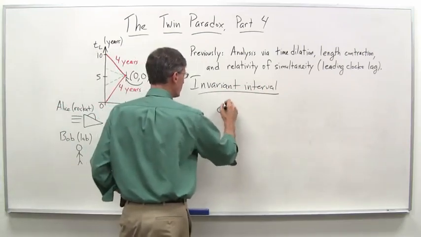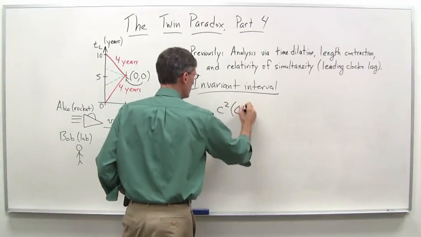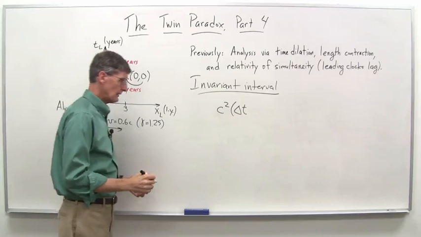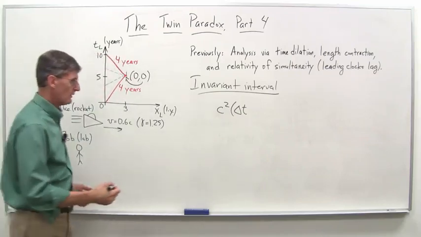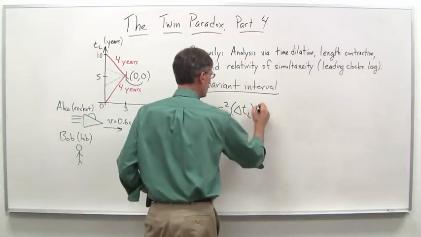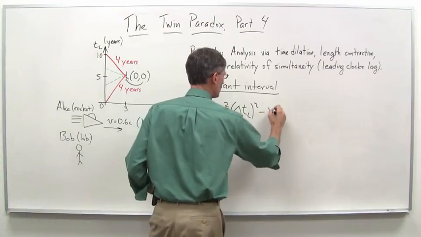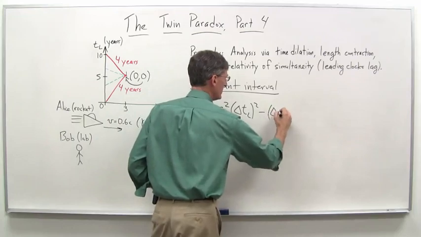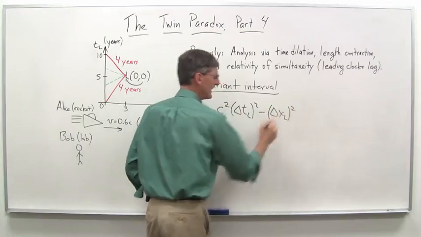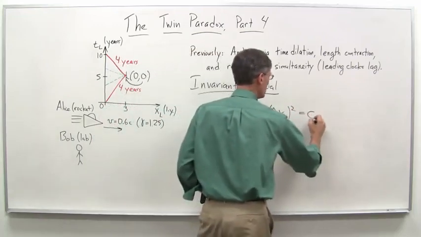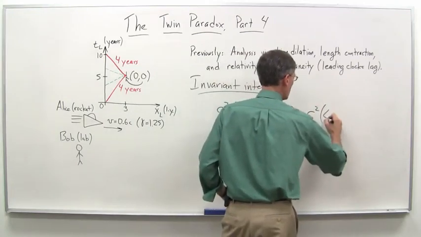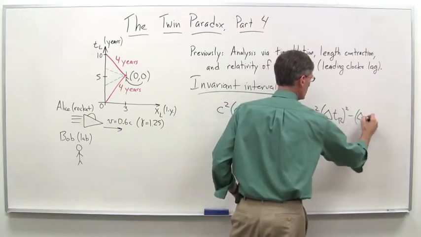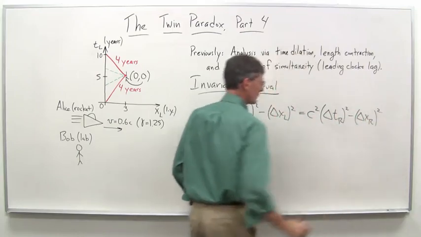Essentially it is c squared delta t, and again we'll use the lab and rocket frames, so L and R. So we'll write: c squared delta t_L squared minus, let's use delta x, just to remind ourselves it's a difference in coordinates, delta x_L squared equals c squared delta t_R squared minus delta x_R squared.